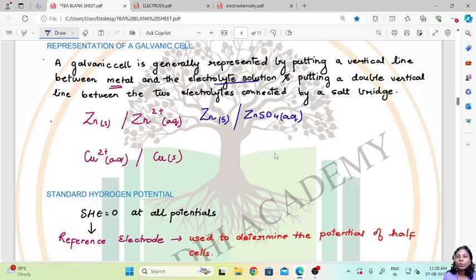Then you put a double vertical line, which represents the salt bridge that is present. Then you do the same for the next metal: the electrolyte CuSO4, that is Cu2+, and then Cu. This is in zero oxidation state, and here it is Cu2+. So this is how you can represent any given cell which is given to us.